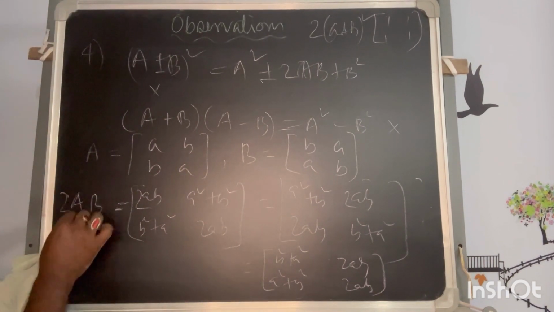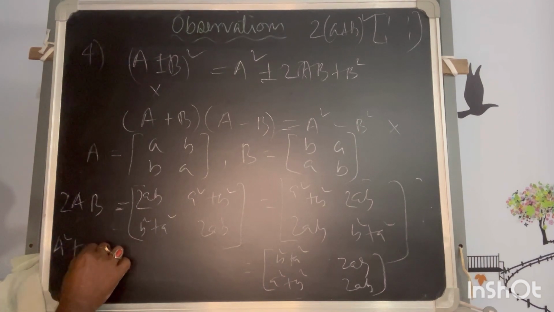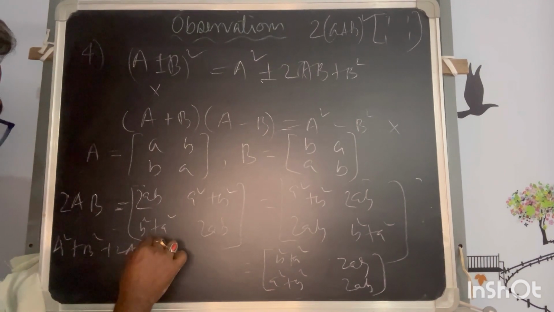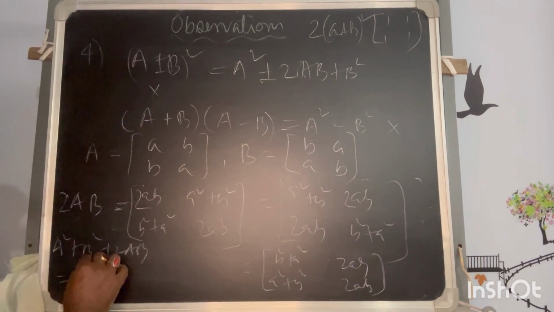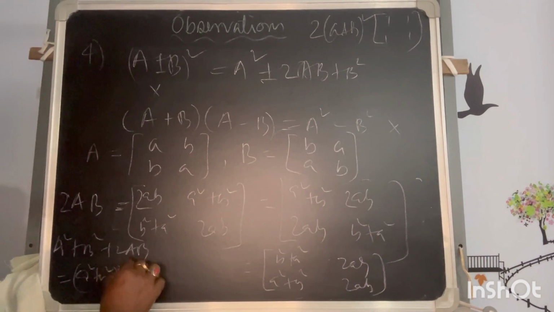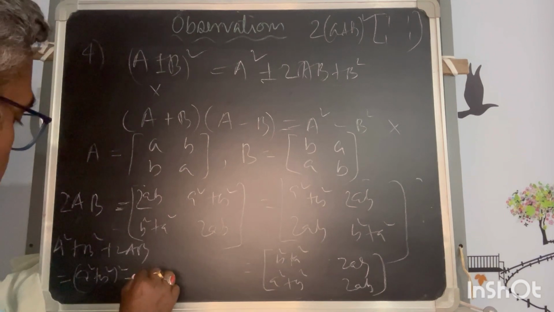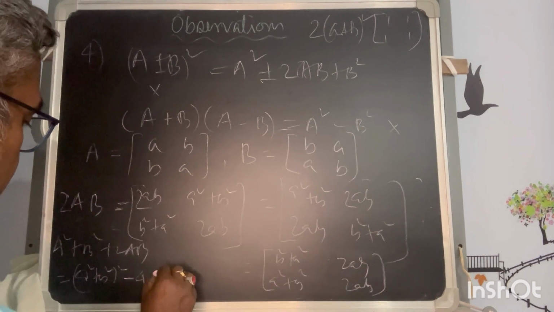So if I add all this, A square plus B square plus 2AB, what I find, I will expand this, so this will be A square plus B square whole square, and then minus 4 A square B square.